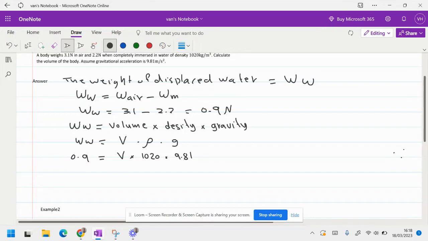Basically we want to make the volume the subject. To get rid of density and gravity, we divide both sides by density and gravity.